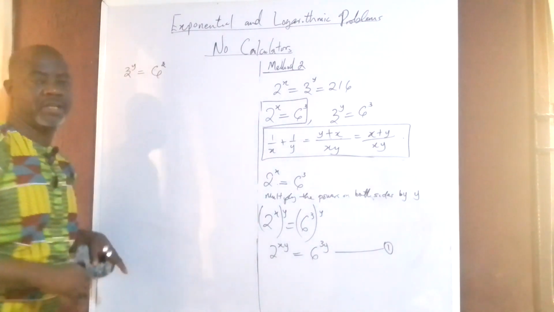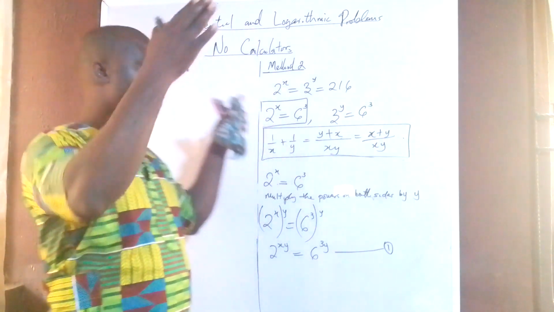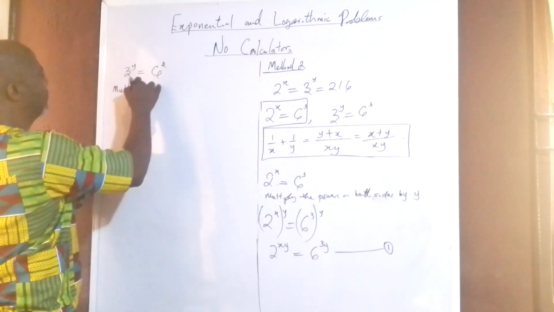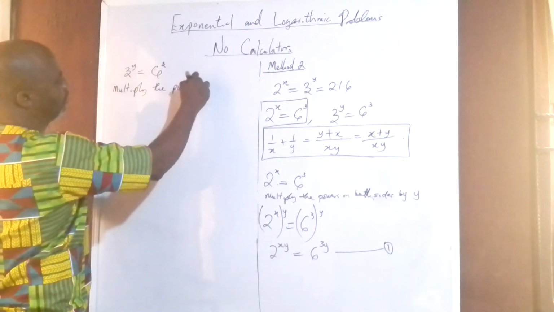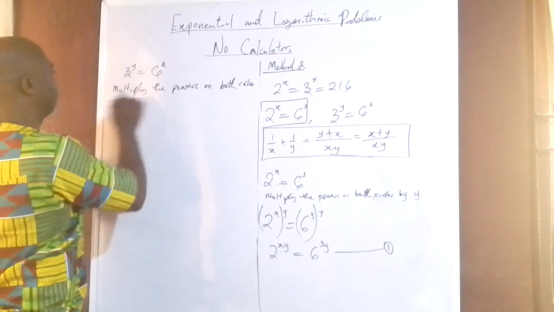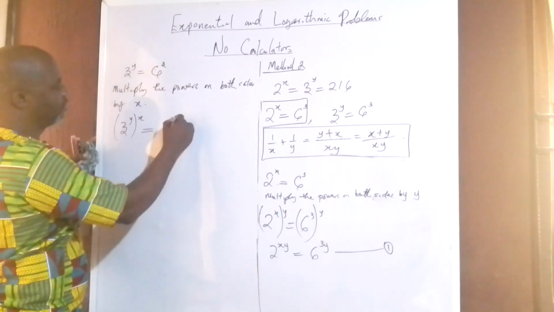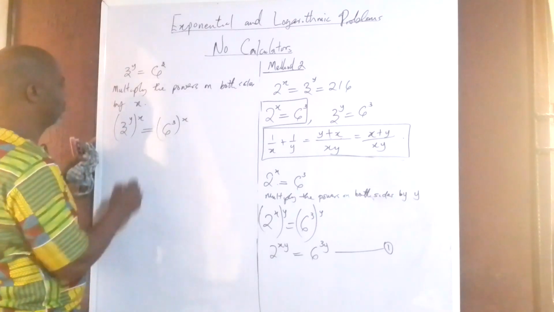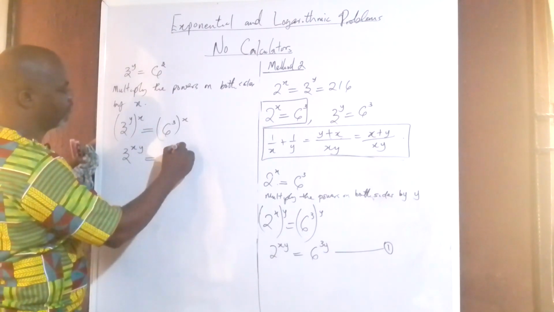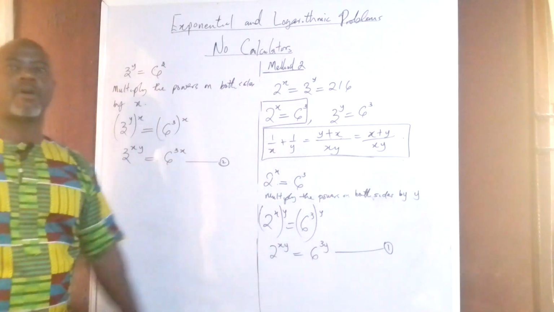Because there's y in the power, this time around, in order to obtain xy, we just multiply the powers on both sides by x. 3 to the power of y all to the power of x equal to 6 to the power of 3 all to the power of x. So we have 3 to the power of xy equal to 6 to the power of 3x. So we can call this equation 2, that's for the second method.